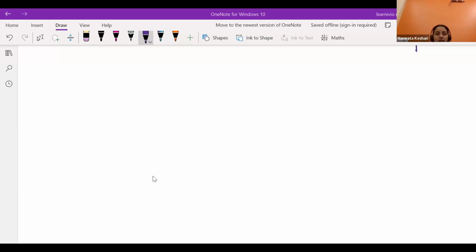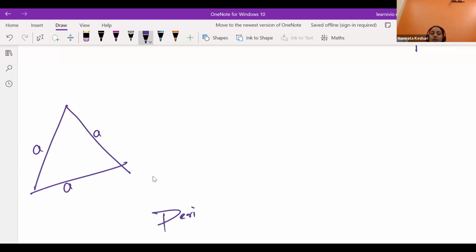How? If this is the triangle, this is a, this is a, and this one is also a, and the perimeter is 180, 180 divided by 3. Then how will we find the side, Farhan? How will we find the side a value?